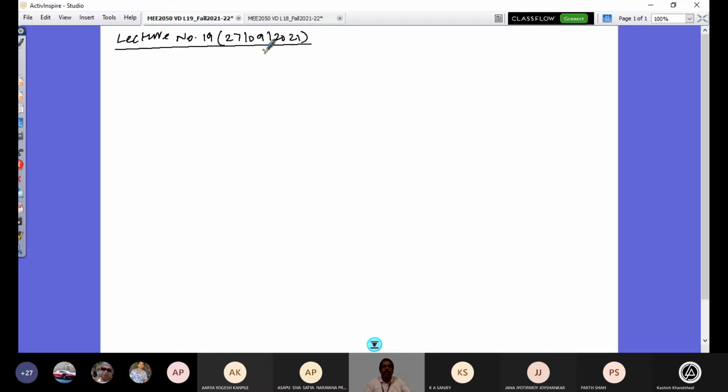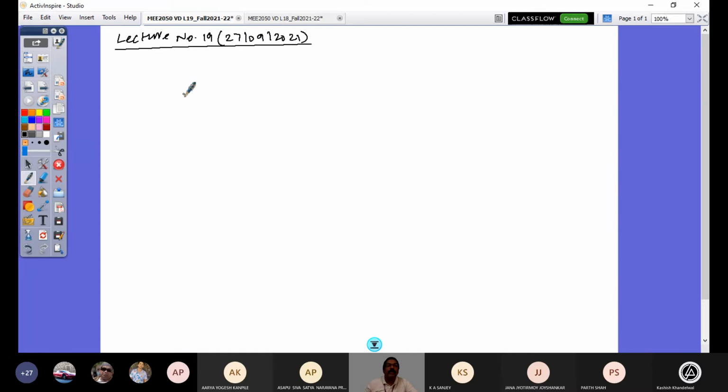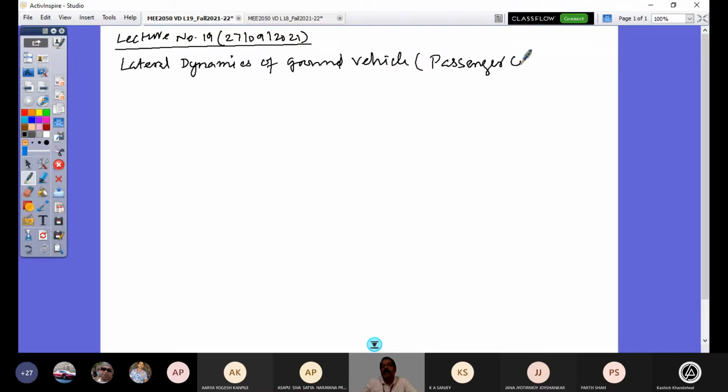What you're going to look at today is to deduce the 6 required equations for your ground vehicle. So I'm going to do lateral dynamics of a ground vehicle, particularly a passenger car. Right? So this is what we're going to study.